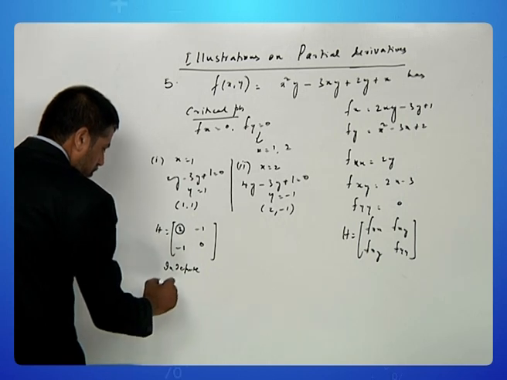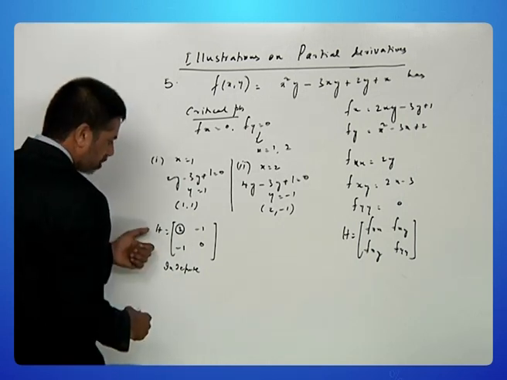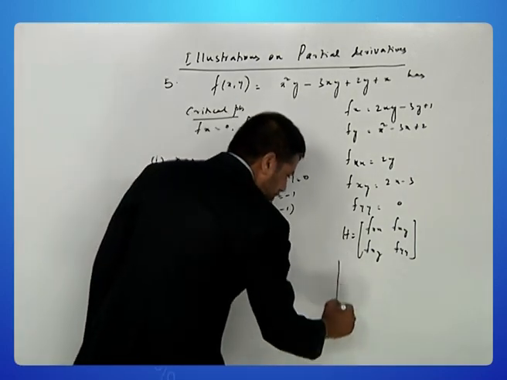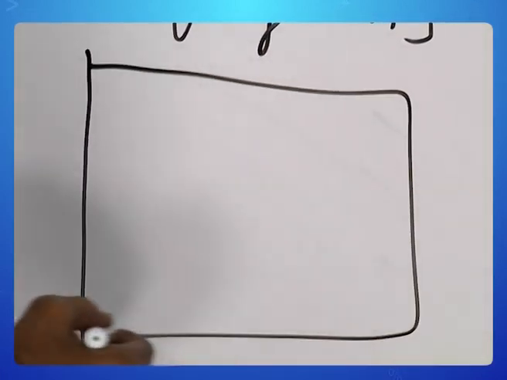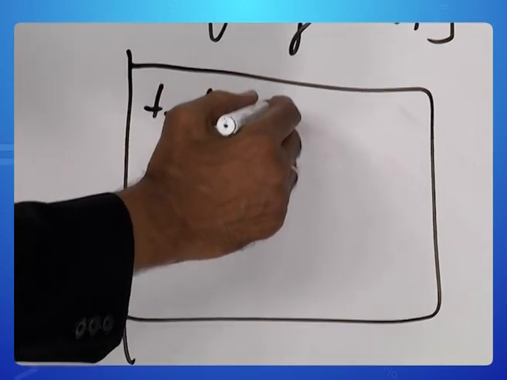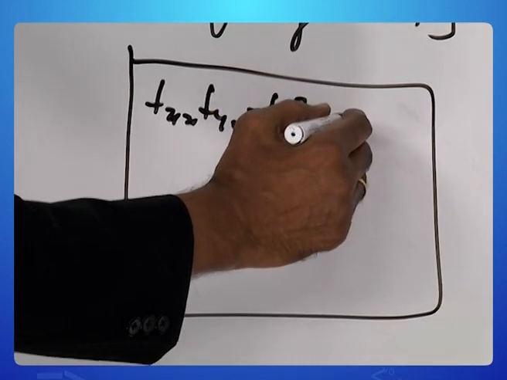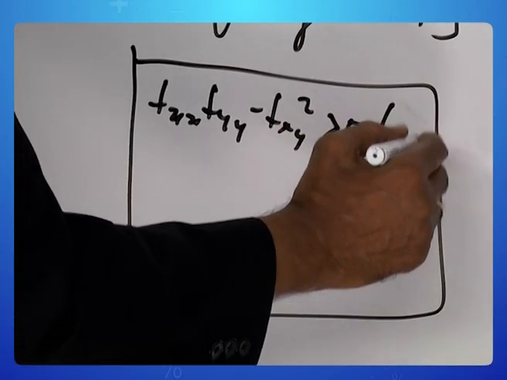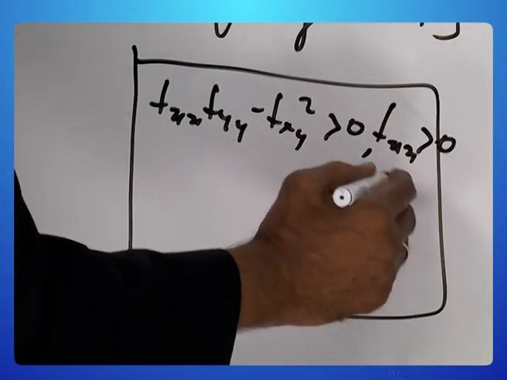So you know the rules, analysis of H is very important. I think I will just explain briefly what it means. Fxx, fyy minus fxy whole square positive and fxx positive makes it positive definite.